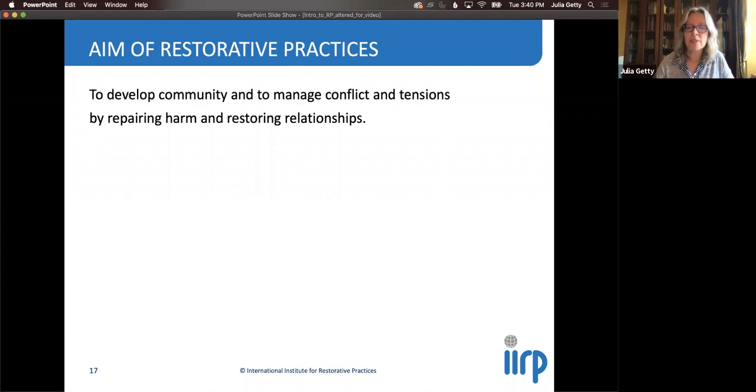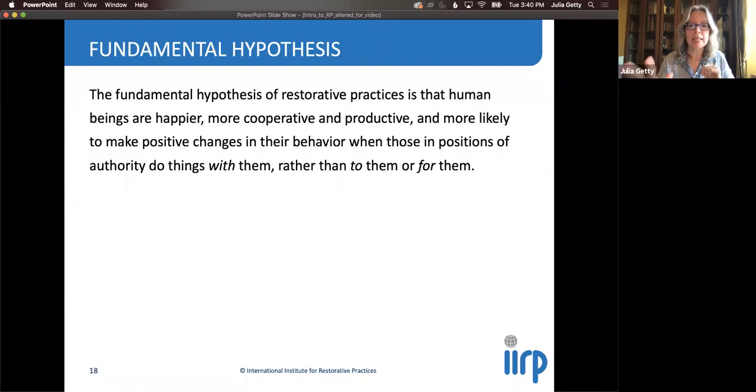And the other part that I just want to end with is the fundamental hypothesis. I think you've already heard this, but I'm going to state it again because it's super important. The fundamental hypothesis of restorative practices is that human beings are happier, more cooperative and productive, and more likely to make positive changes in their behavior when those in positions of authority do things with them rather than to them or for them.